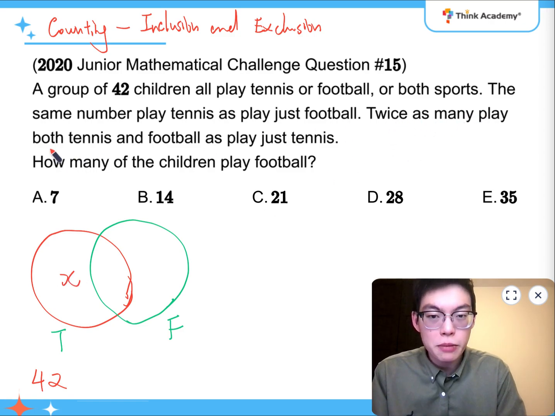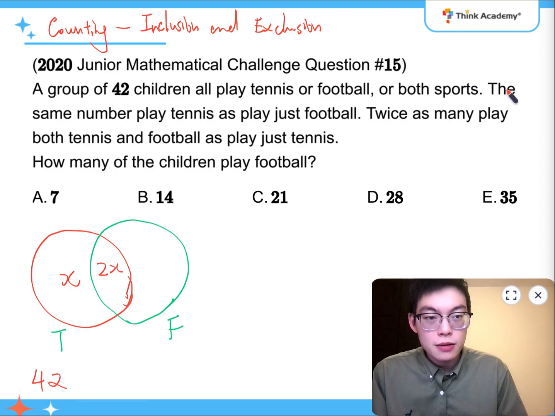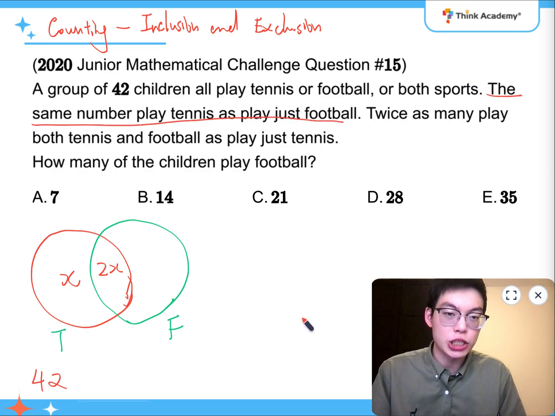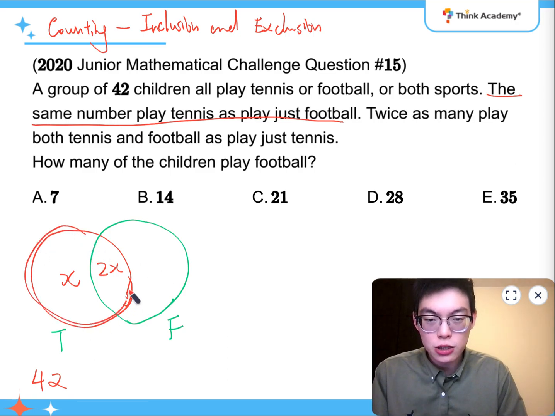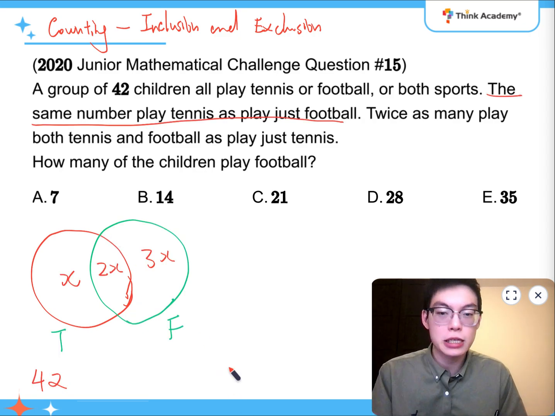Twice as many play both tennis and football, so the rugby shape in the middle has 2x. Finally, back to the first statement: the same number play tennis as play just football. Tennis has 3x altogether, x adding 2x, so just football, the right-hand side moon shape, is 3x.